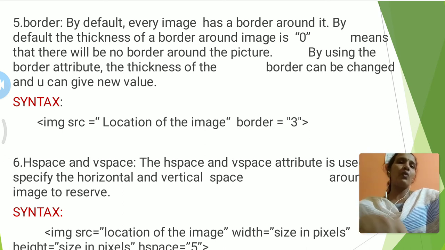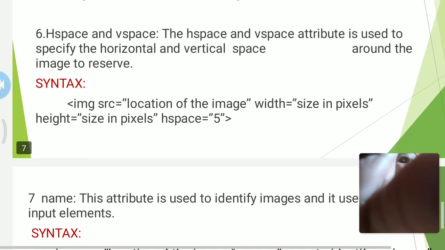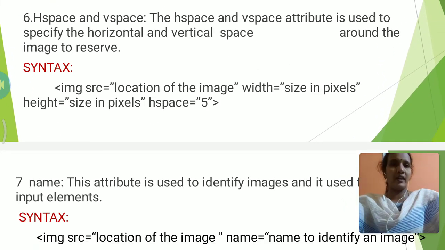Now come to the hspace and vspace attributes. hspace stands for the horizontal space and vspace stands for the vertical space. Actually, what are this horizontal space and vertical space? See, in an HTML program, you have one image and one paragraph.